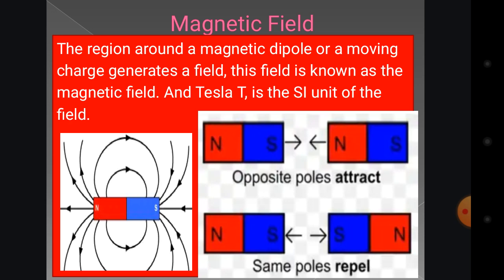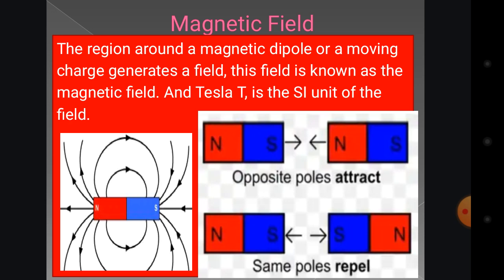They are the moving charges, and as they move, they generate a field. Whenever they keep moving, they will generate a field, and that is how the magnetic field comes about. So a magnetic field is the region around a magnetic dipole or moving charge that generates a field.